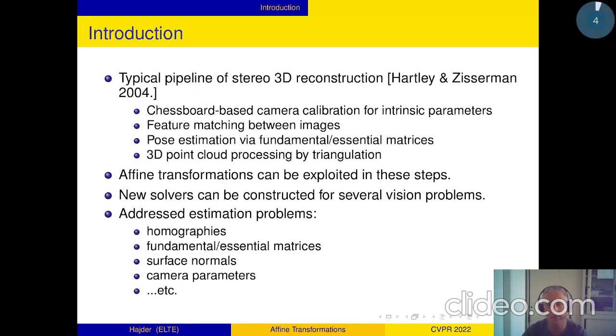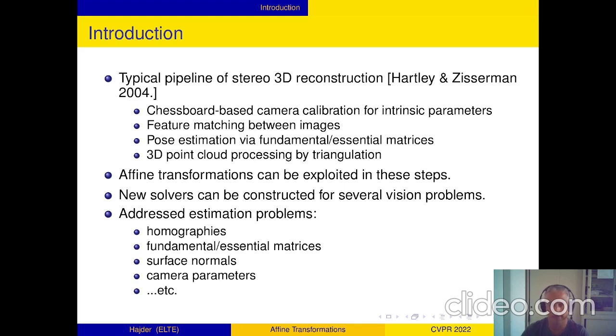A typical 3D reconstruction algorithm, point correspondence based 3D reconstruction algorithms can be divided into several sub-steps. First, it's essential to have calibrated cameras, and usually chessboard patterns are used in order to calibrate the cameras. Then feature detectors and matchers are applied for the images.